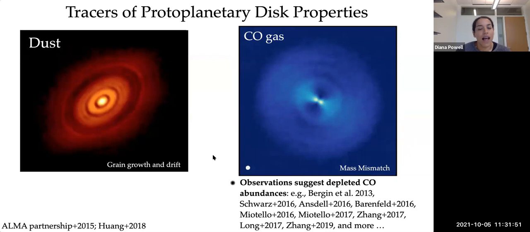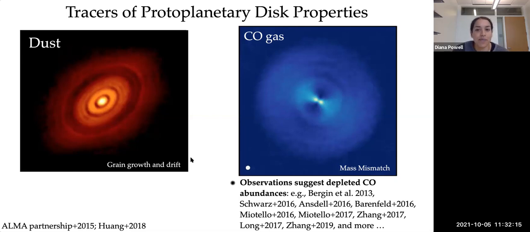However, we know that processes such as grain growth and drift should alter the dust to gas ratio from the typically assumed interstellar medium value. And now several lines of evidence also suggest that gas CO, particularly in the commonly observed upper disk layers, is depleted or missing in disks.